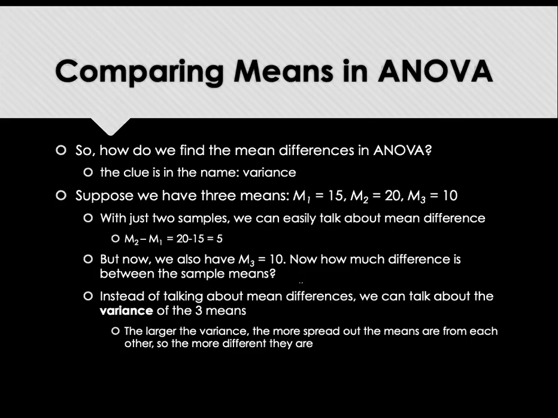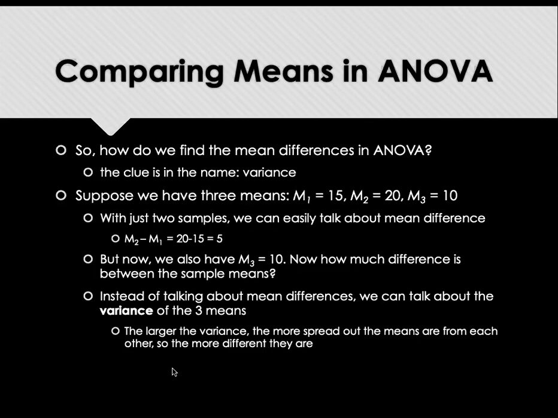So with ANOVA, because that's kind of complicated and there's no clear way to just subtract, instead of talking about the differences between a mean or means, we're going to talk about the variance of the three means. And again, the clue goes back to the name. We're going to be analyzing variance with an ANOVA.